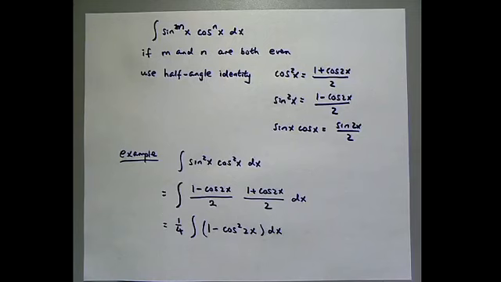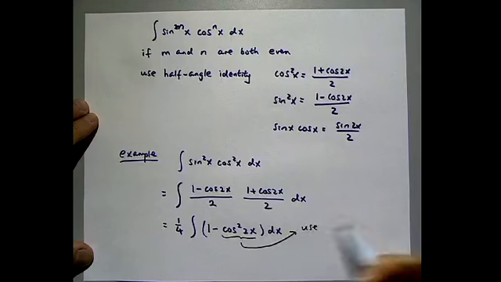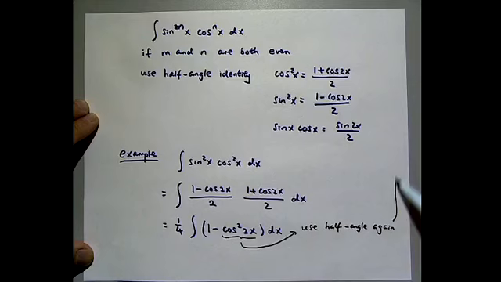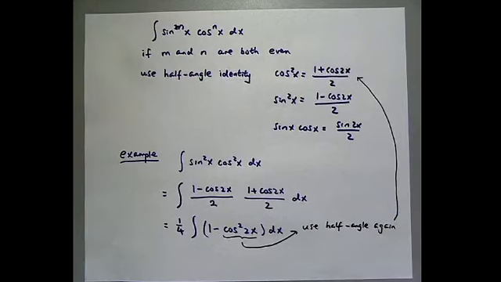And now I have two choices left. I can use the half-angle identity for cosine one more time, or I can go back to sine squared and use the other one.